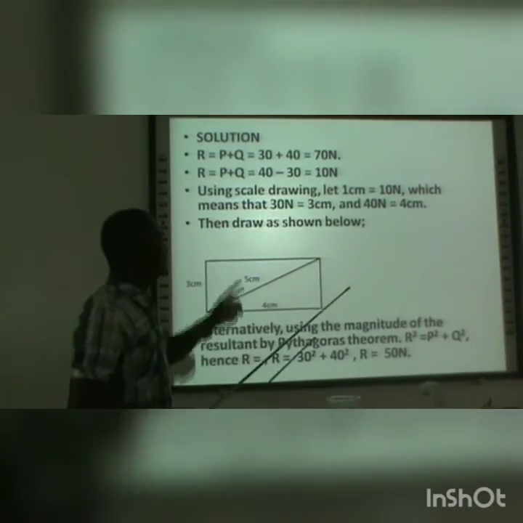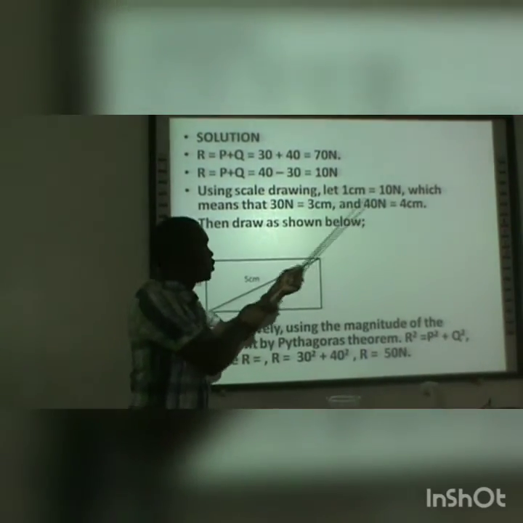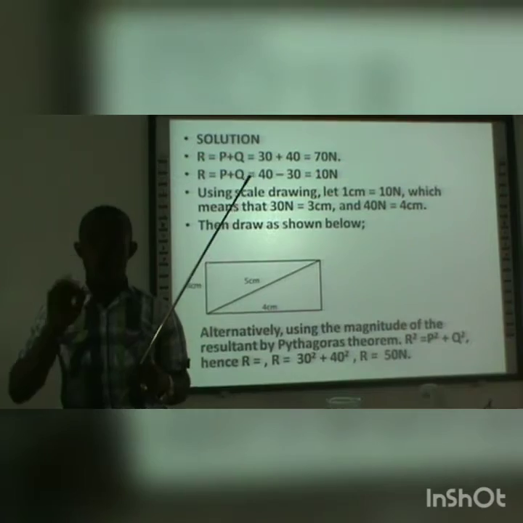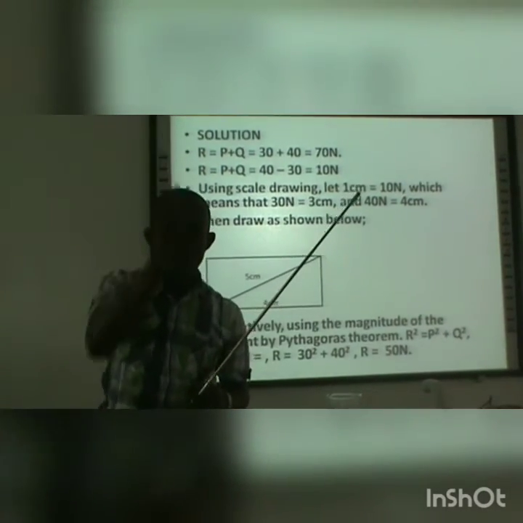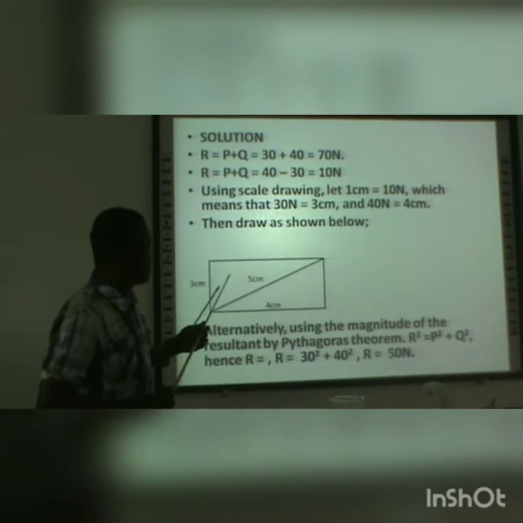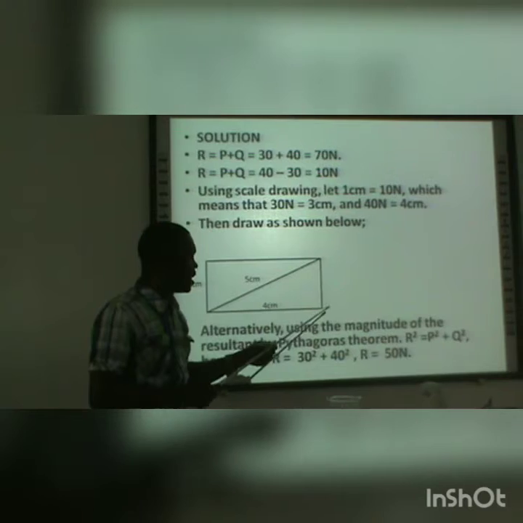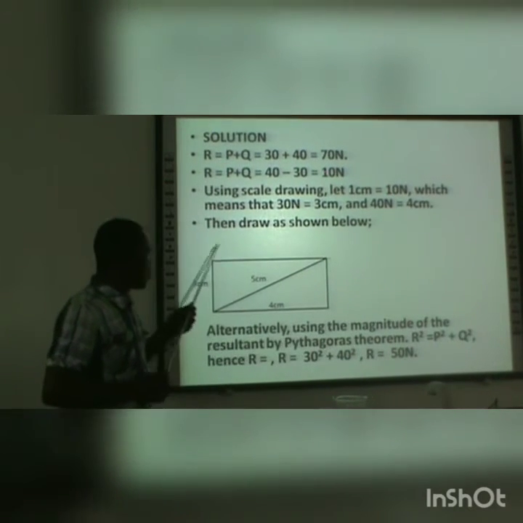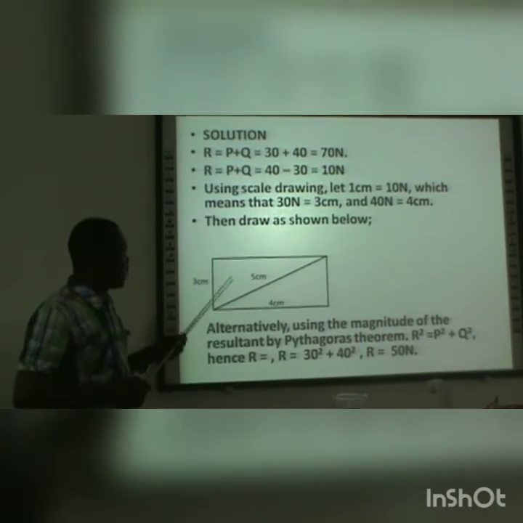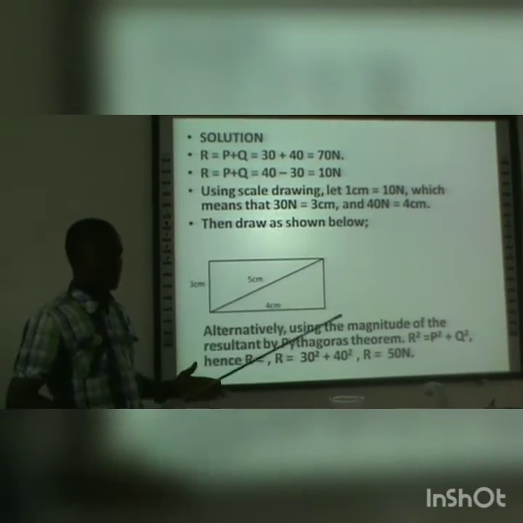Again, since 1 cm is representing 10 newtons, 40 newtons will now give us 4 cm. You now draw a right-angled triangle. Using that scale, you have here 3 cm, so with a ruler you measure it. Here is 4 cm, so with a ruler you measure it. When you have done this, take your ruler and complete this, because this will form a rectangle.